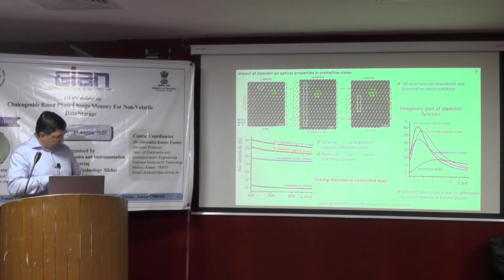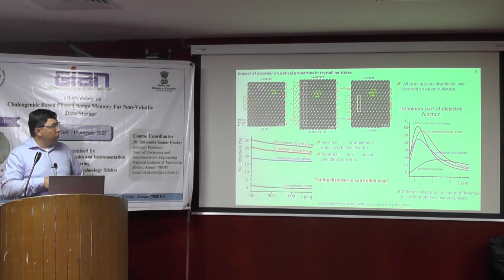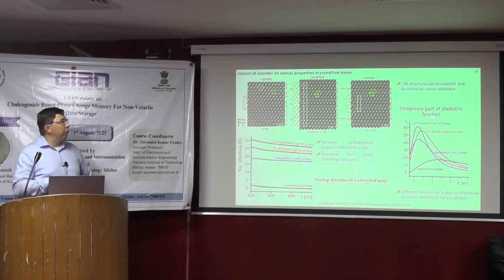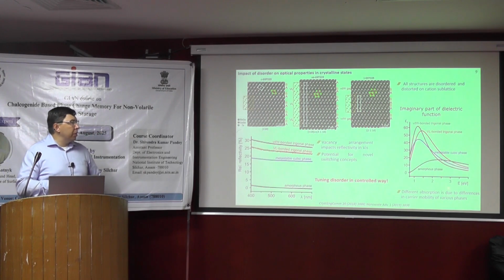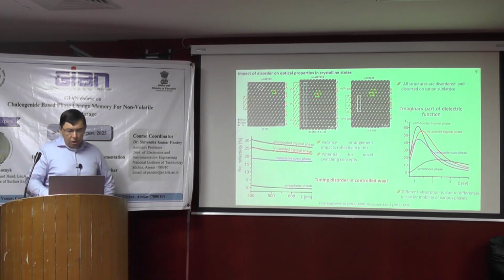Because there are differences between the crystalline phases, we can use this, and it has potential for novel switching concepts and for multi-level capability. The imaginary part of the dielectric function is also different for amorphous and crystalline phases. So again, we have different absorptions, and this is because of the difference in carrier mobility of the various phases.